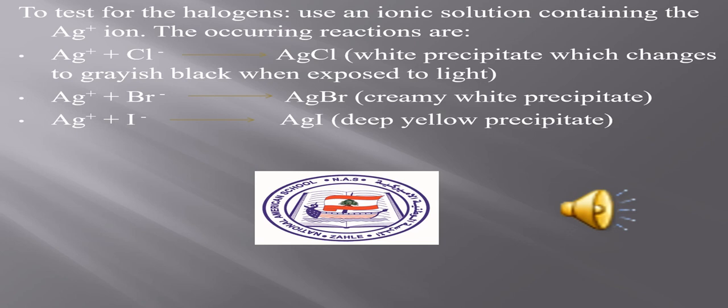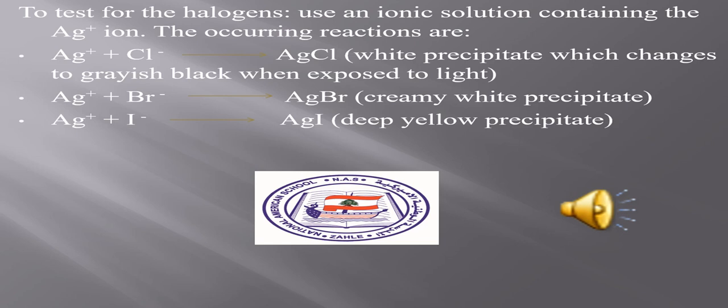Now last but not least, the testing for the halogens. Like I said, organic compounds could contain elements such as nitrogen, sulfur, and now we have to talk about the halogens.